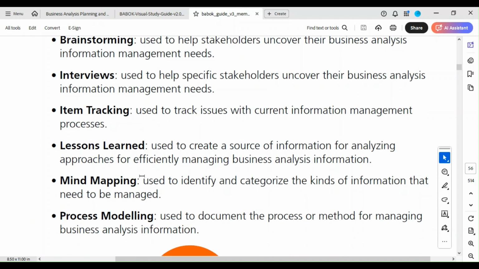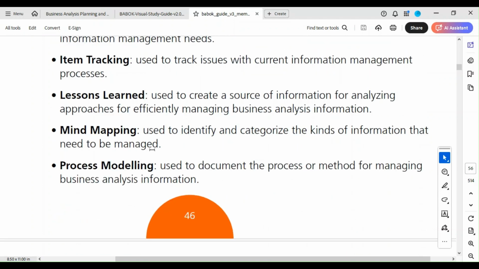Item tracking, used to track issues with the current information management process. Lessons learned from maybe other projects, used to create a source of information for analyzing approaches for efficiently managing business analysis information. Mind mapping, used to identify and categorize the kinds of information that need to be managed.